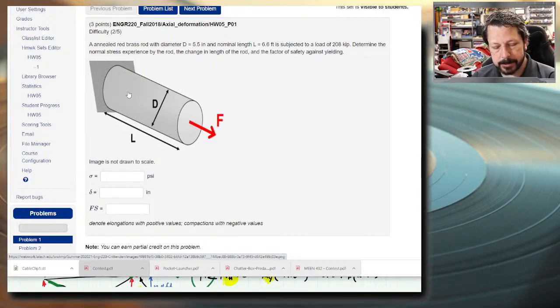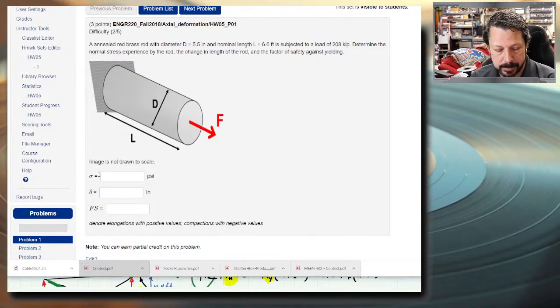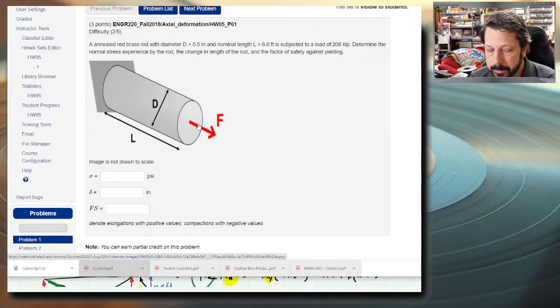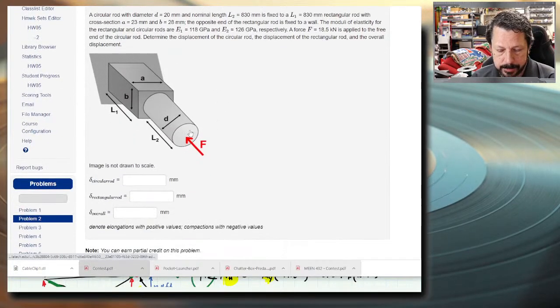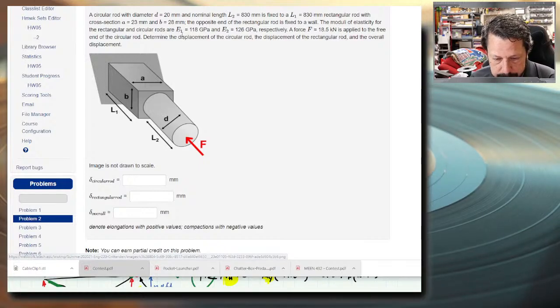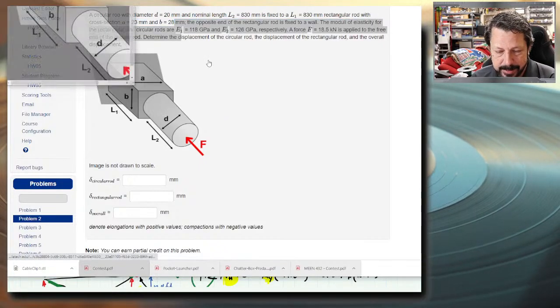The only thing that makes this one a little bit more than just a straightforward one is it's actually also asking for factors of safety and stress and things like that. So that makes it maybe an average level one or fundamental, but it's pretty straightforward. This one has two different shapes and I think probably even two different materials. Yeah, two different modulus of elasticity.